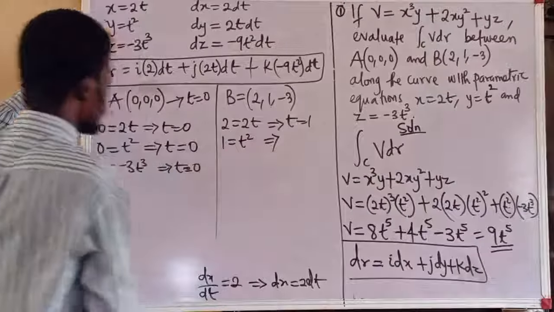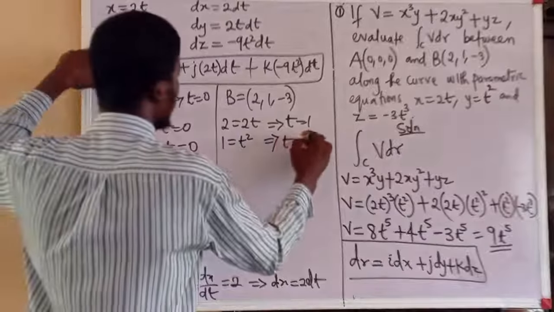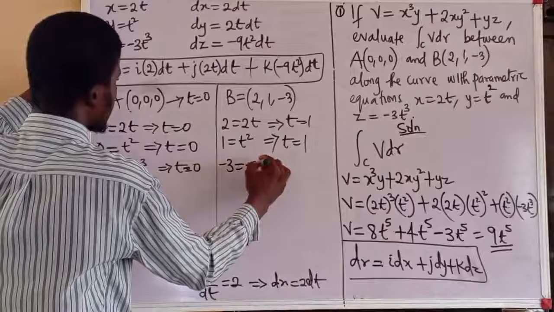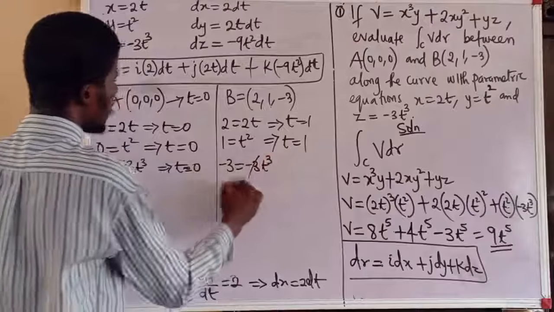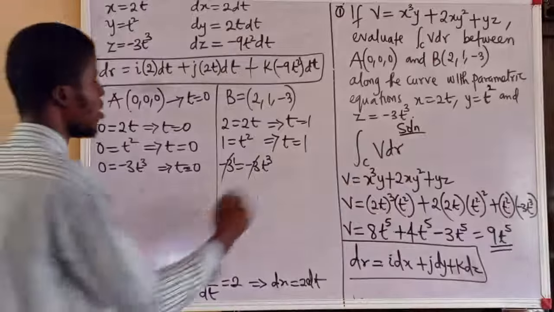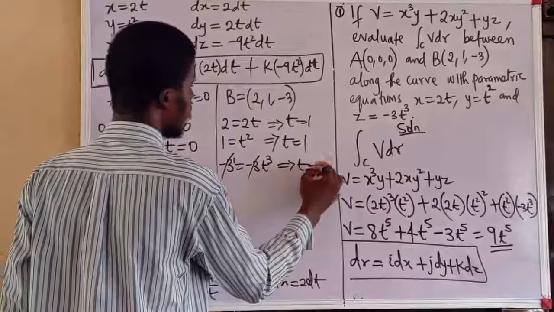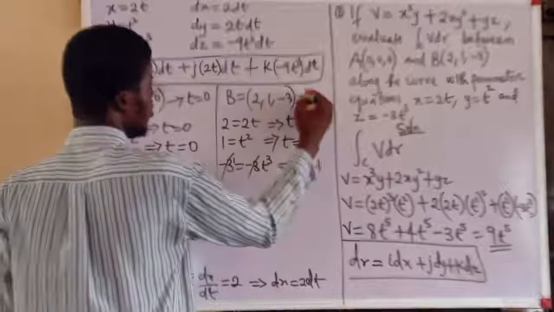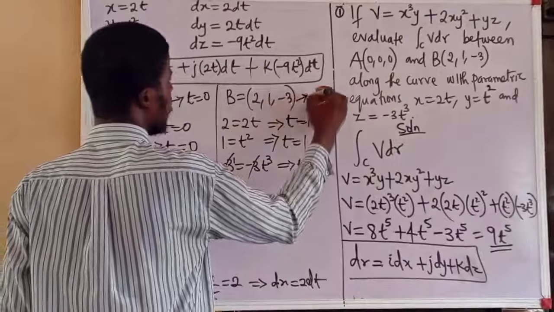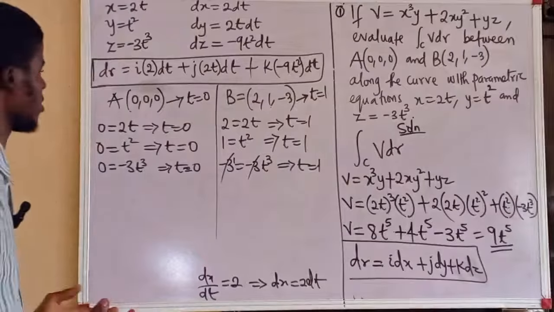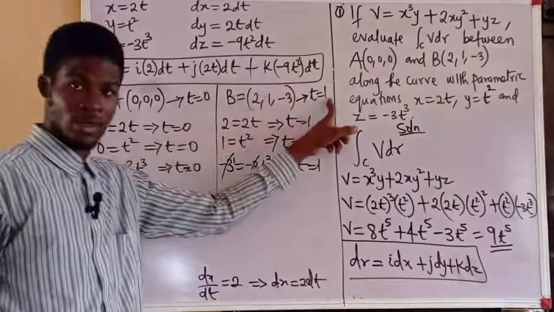If you take the square root of both sides, t is equal to 1. Put minus 3 for z. Minus 3 cancels minus 3, we have 1 left here, and taking the cube root of both sides, we obtain t equal to 1. So what does this imply? That this point corresponds to t equal to 1. So we are going to integrate from 0 to 1.